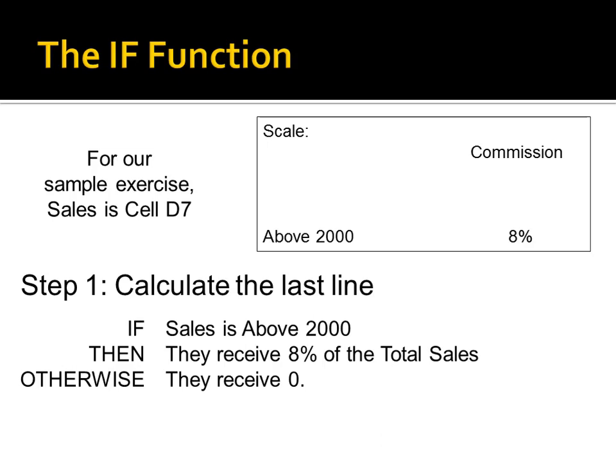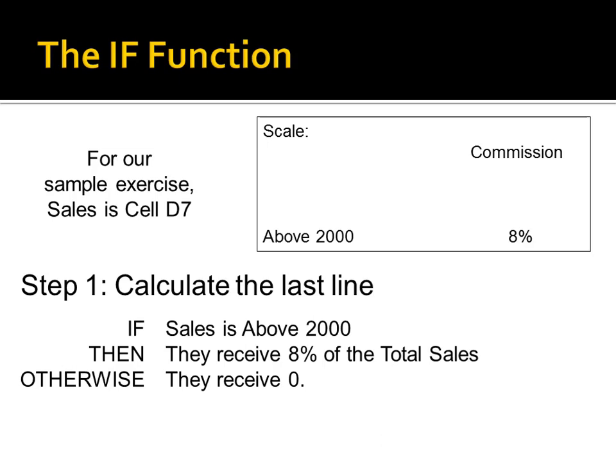And that's what it shows up there. The commission will be 8%. Otherwise, what do they get? Well, nothing. Since we haven't specified what they do get if they don't make the 2,000, we're going to give them 0 because we're only concentrating on that last line.